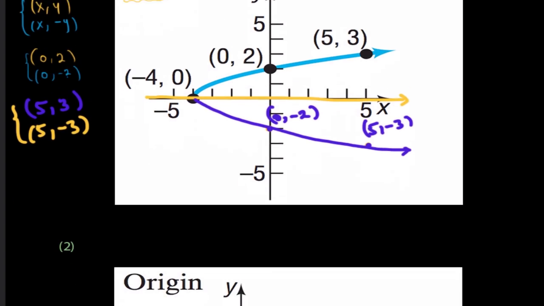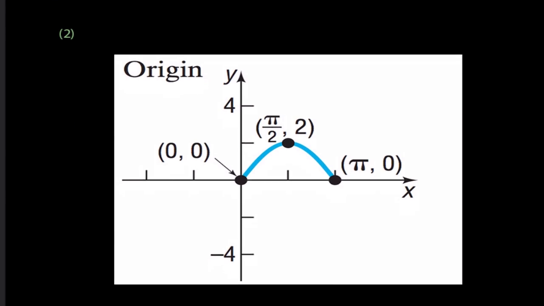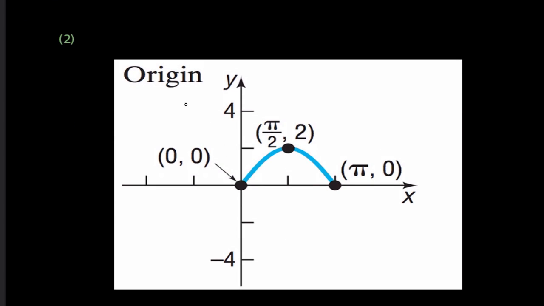So let's look at another question here. We are assuming that the graph is symmetric with respect to the origin, and we are told to complete this graph. Whenever a graph is symmetric with respect to the origin, the definition says that whenever there is any point (x, y) on the graph, then that graph must also contain the point (negative x, negative y).